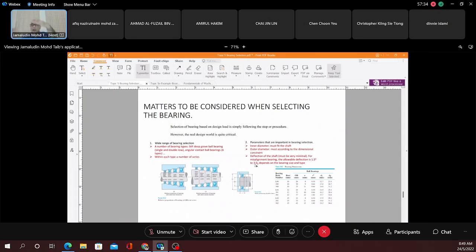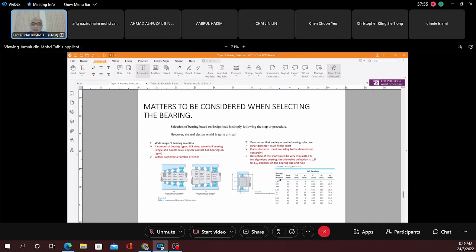That means very small. If it is not a misalignment bearing, it only allows 1.5 degrees, so the deflection must be very, very small. However, in our case, we never consider the deflection. Then you must consider the deflection.